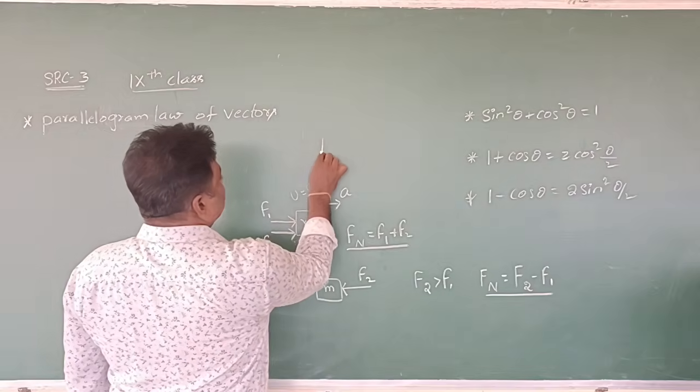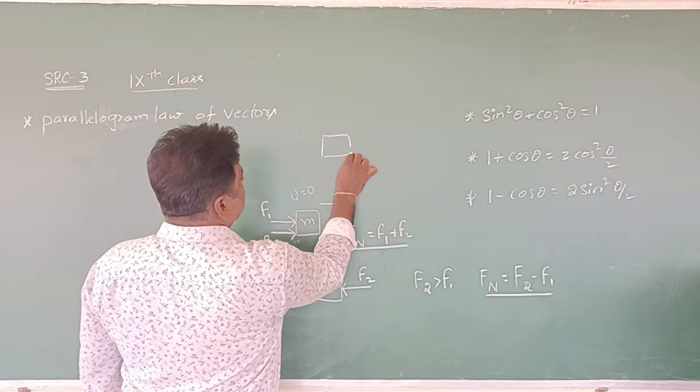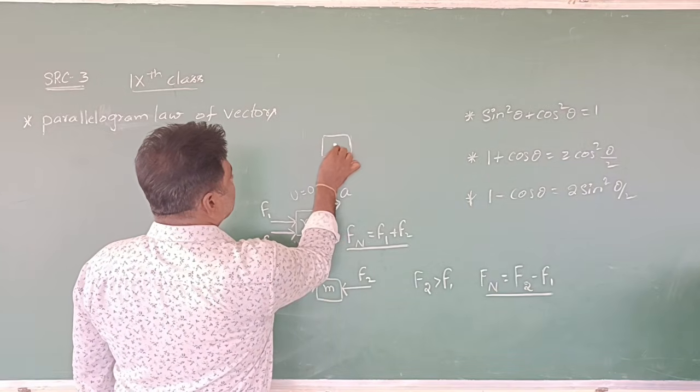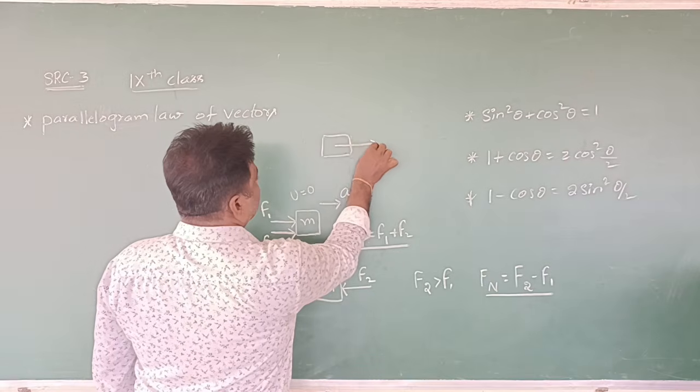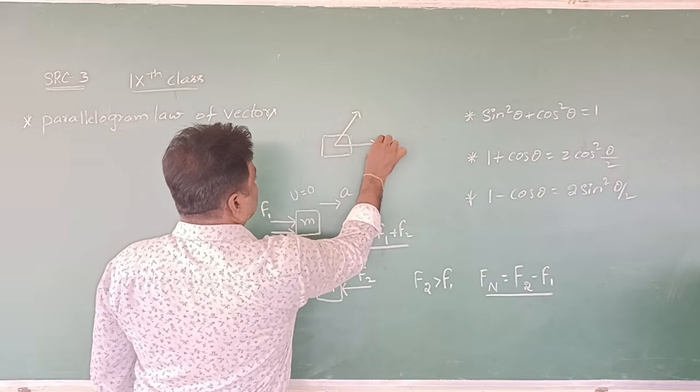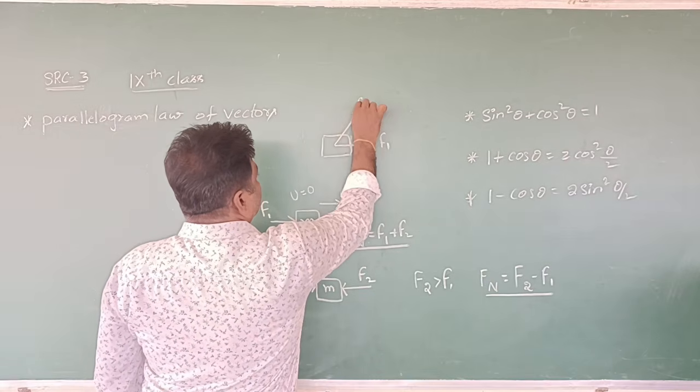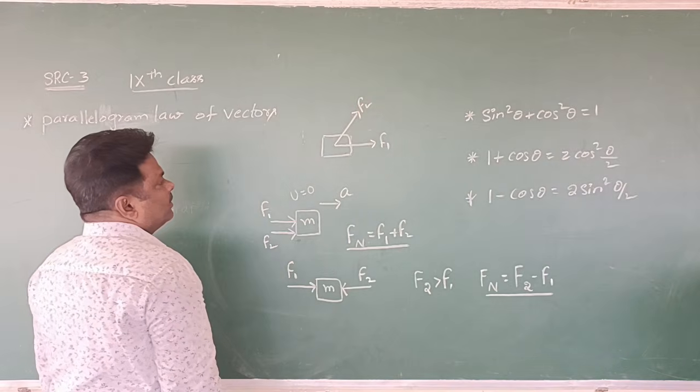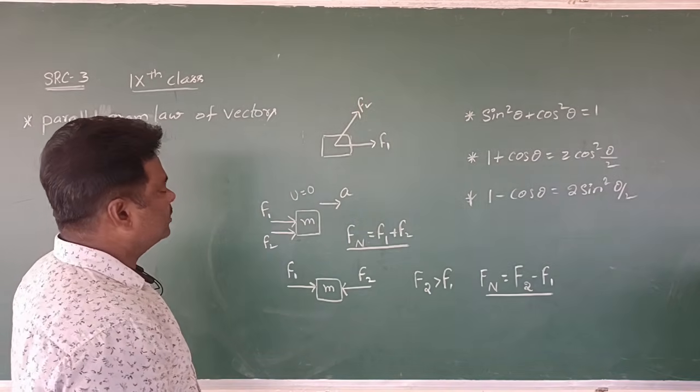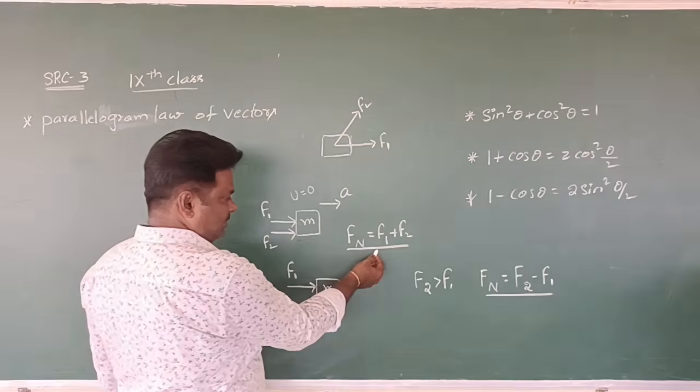Now, suppose these two forces, this is force 1 and this is force 2, F1 and F2. What is the resultant force? You may not write it like this or like this.